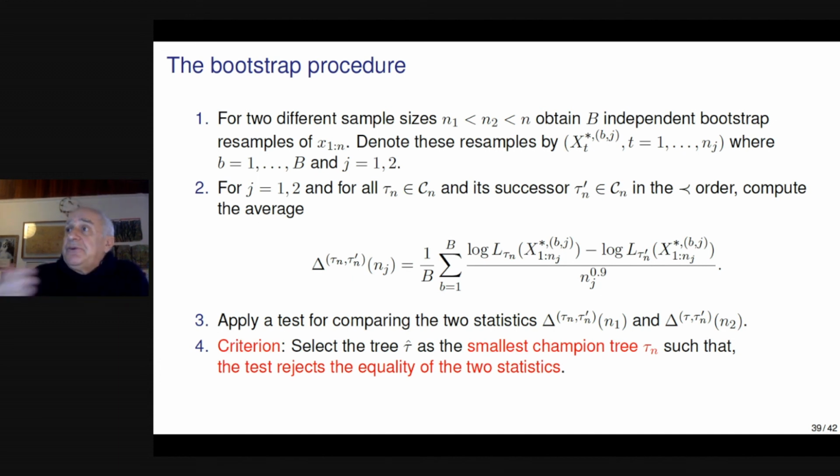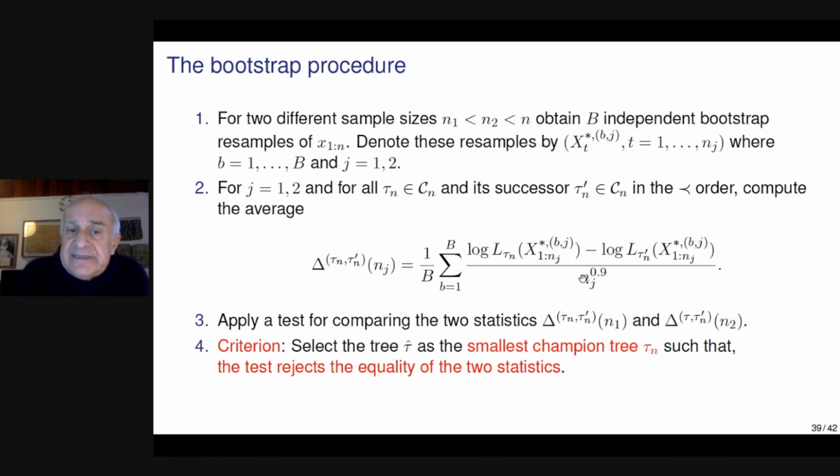But after we cross the correct champion tree, this will be very small, because the numerator will be smaller than log of nj, and it will be divided by nj to the power 0.9. So making the average, we are sure that you stabilize the result, and this is more or less the same thing as the expectation among all the possible resamples.